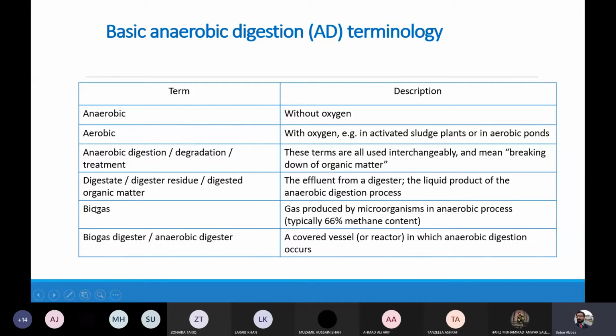So all these are terminologies that we must be familiar with after consulting this lecture, and we must know what types of terminologies can be asked in terms of biogas systems, along with many other terminologies.